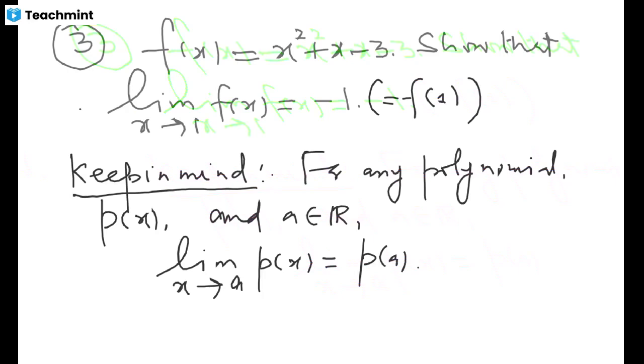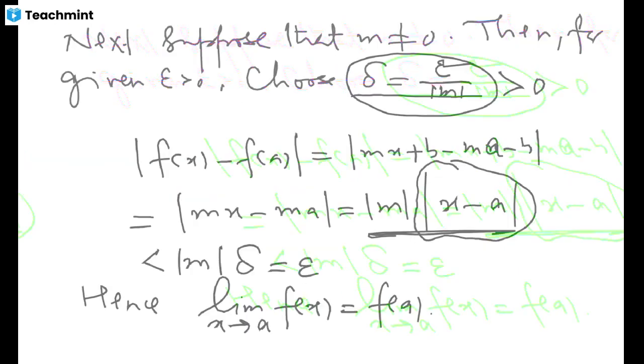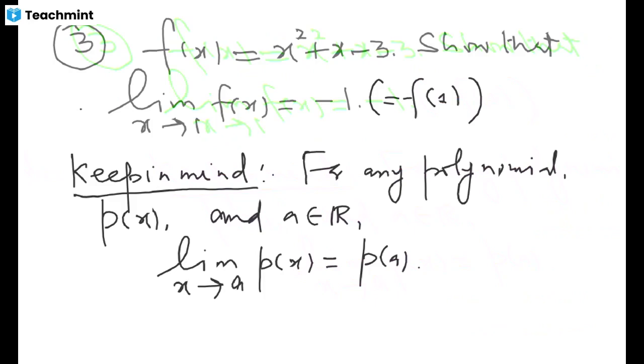So polynomials satisfy this kind of behavior that was exhibited in this example 1. The class of functions exhibiting this behavior is much larger than the class of linear functions, because polynomials will be in this class. But okay, this is just a digression.